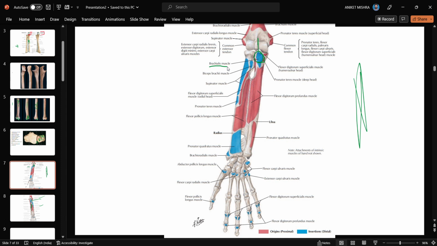Coming a little downward, the supinator muscle originates from the supinator crest and the triangular area in front of the crest.